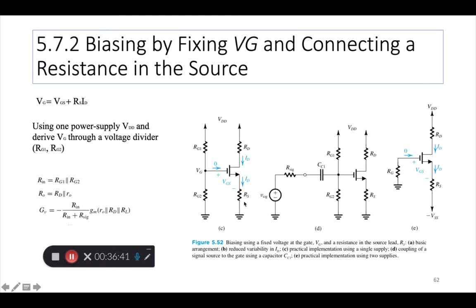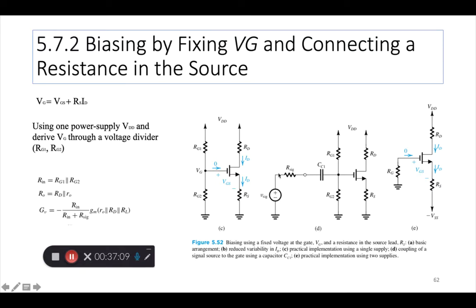You'll also notice that the source resistance that we just talked about also appears. So basically you have three resistances that help you fix the bias point. RG1 and RG2 are in the gate circuit, RS is in the source circuit, and of course you have RD in the drain circuit, which is absolutely necessary too.